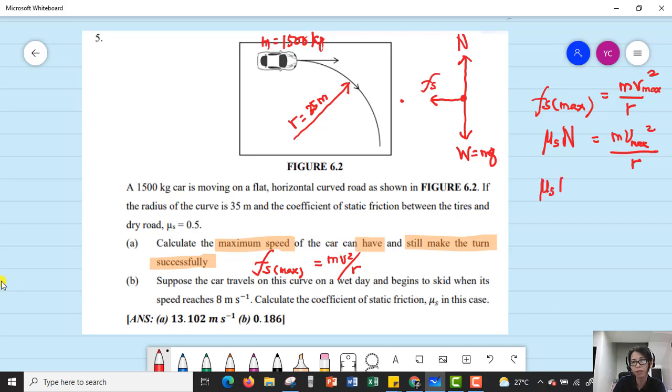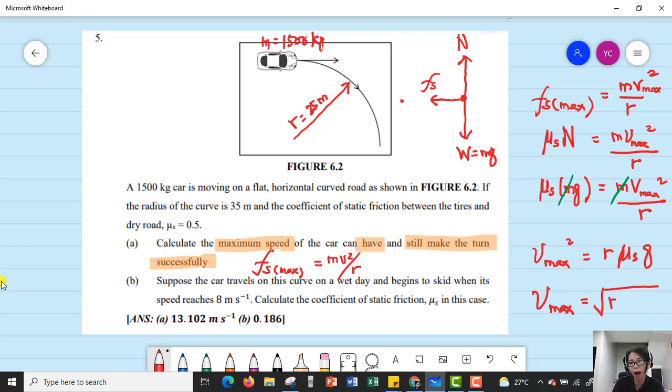So normal force is mg, and we put it in m v maximum squared over r. The m can be cancelled, so rearranging, v maximum squared is r mu s g. So the maximum speed that can still make the turn successfully is the square root of r mu s g.